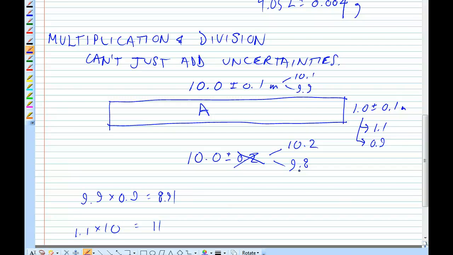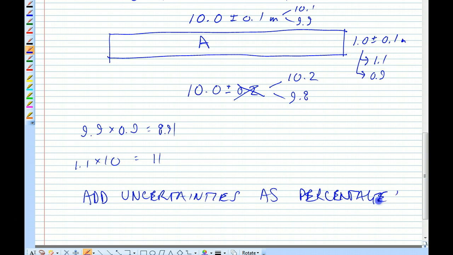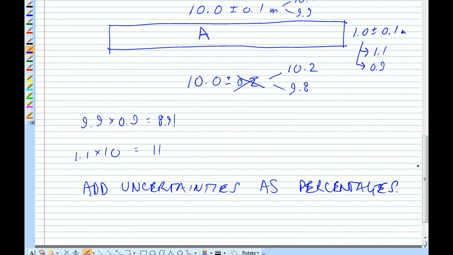So let's see how I would do that in this case. We have to add uncertainties as percentages. It's a multi-step process here, but I'll show you how it works. Basically, I'm going to use the length measurement first. 0.1 meters over 10 meters times 100.